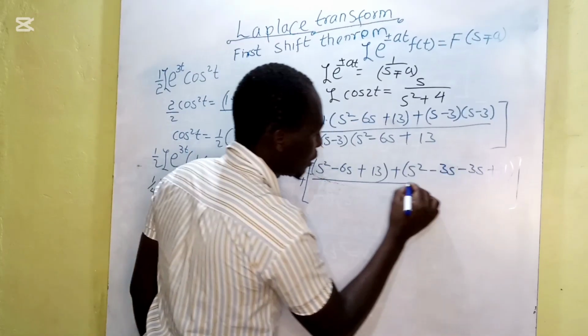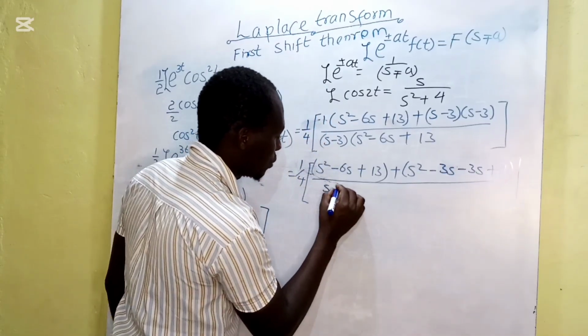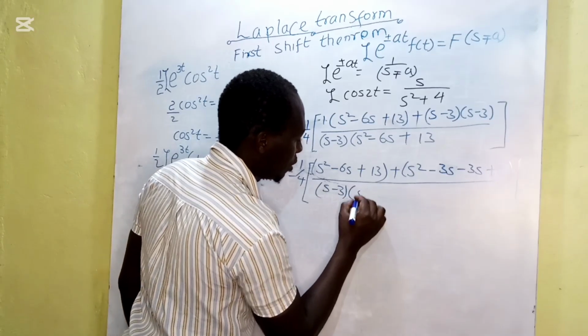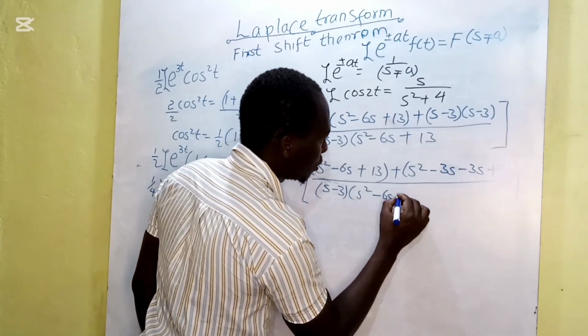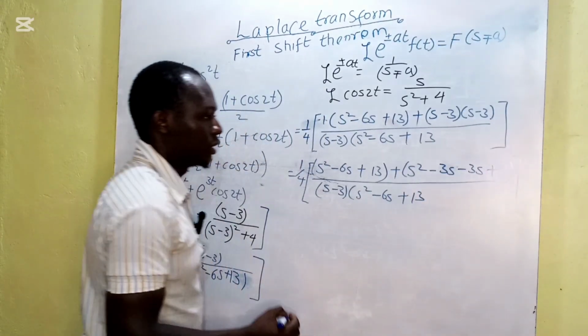On our denominator, we are going to have s, we subtract from 3 into s squared, we subtract from 6s, we add to 13.